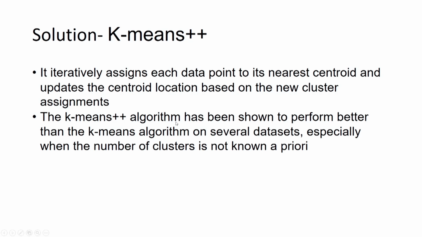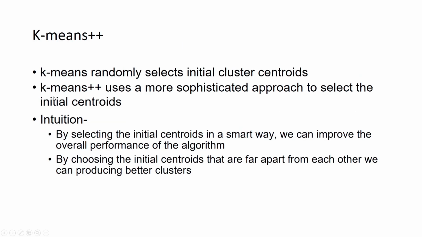In k-means plus plus we select the initial centroids in a better way. We are not choosing these centroids randomly, and in this way we are trying to improve the performance of the algorithm, because we are using a smart way to select these initial centroids.